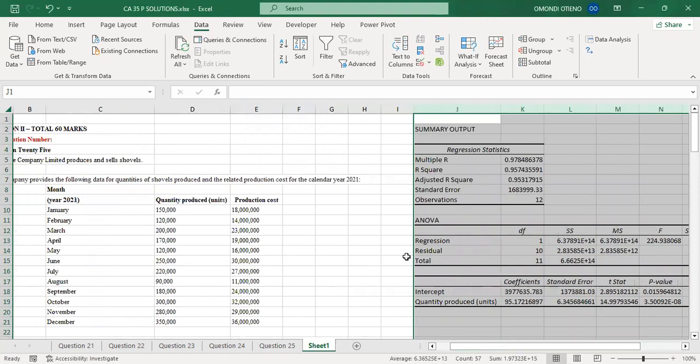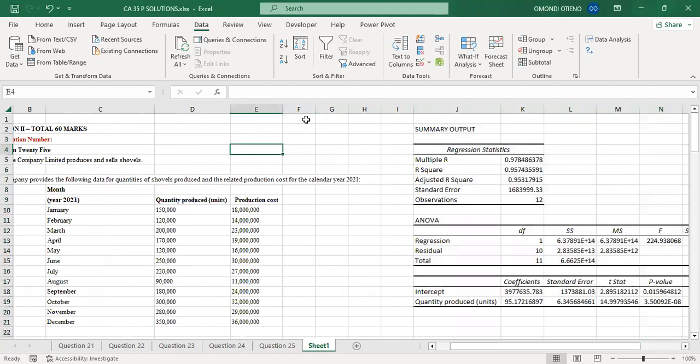So for us to come up with the cost function, remember this is the normal way of writing the cost function. It is Y, which is total cost, equal to A plus BX, whereby A is the fixed costs.